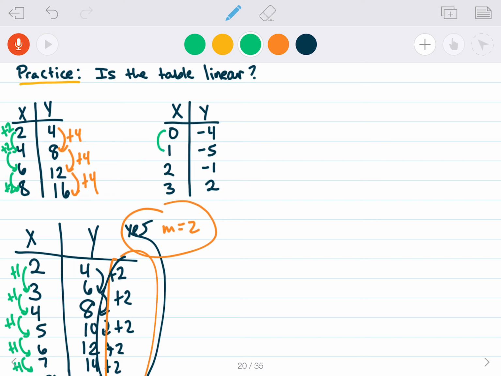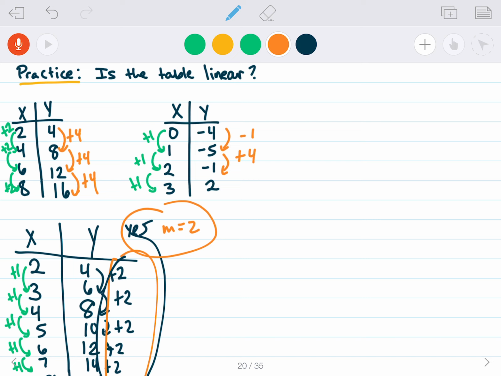So we're going up by 1, so 0 to 1, 1 to 2, 2 to 3. What's happening to the y's? Well, -4 to -5 is -1. We subtract 1 to get there. -5 to -1, we're actually adding 4.